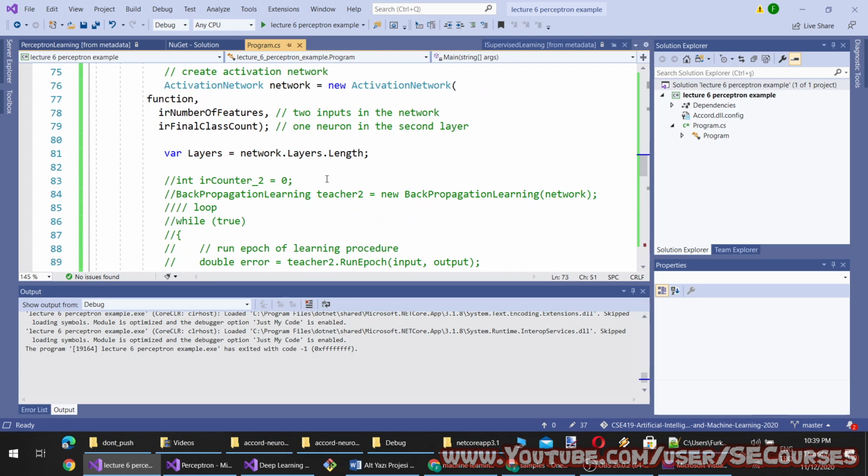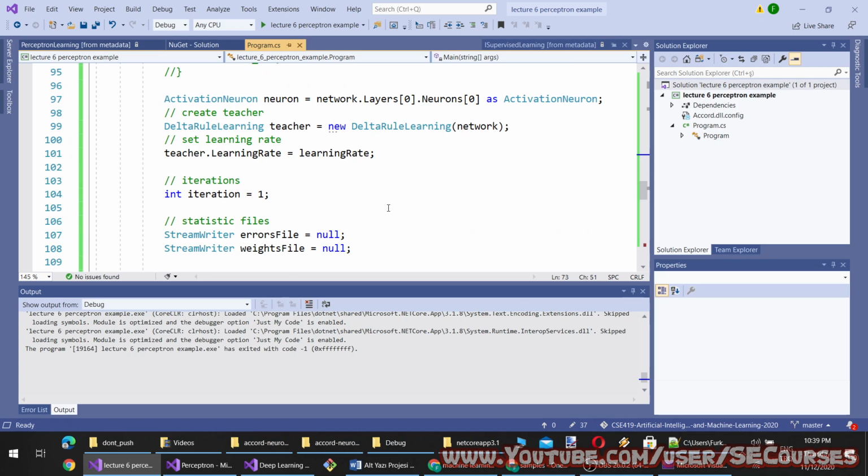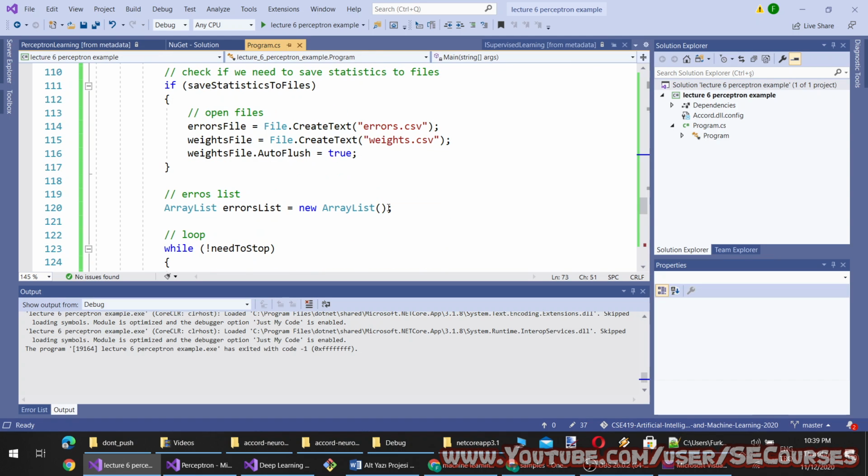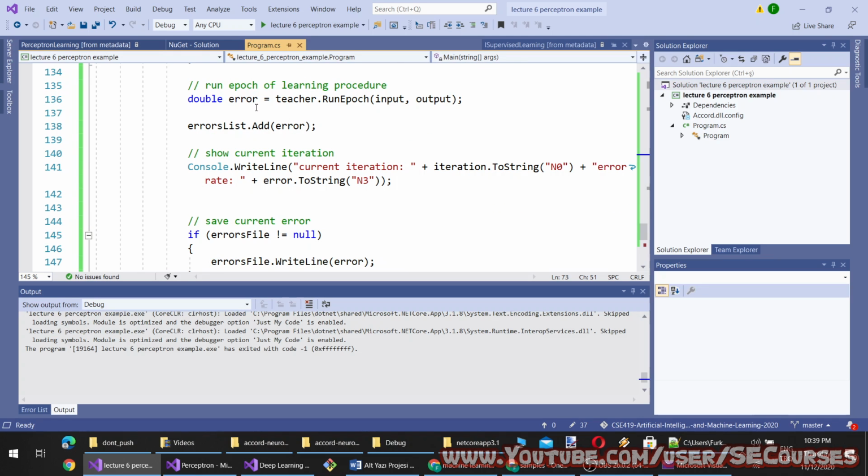Okay, run layers, learning rate, error file.